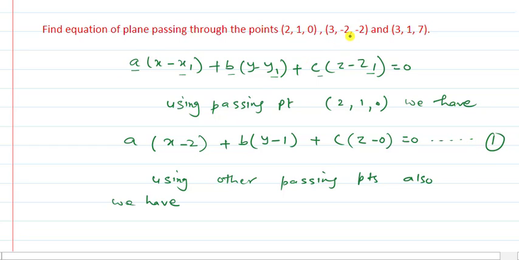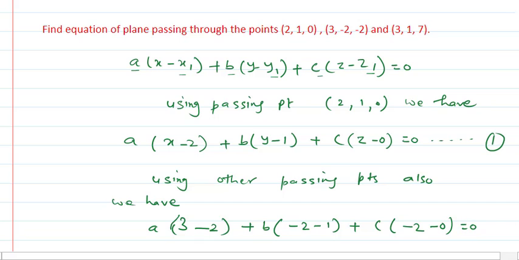This point (3, -2, 0) is to be used in place of x, y and z first of all. So using this point, a into, in place of x, I'll use 3 - 2, plus b into, in place of y, I'm going to use -2 - 1, plus c into 0 - 0 is equal to 0.